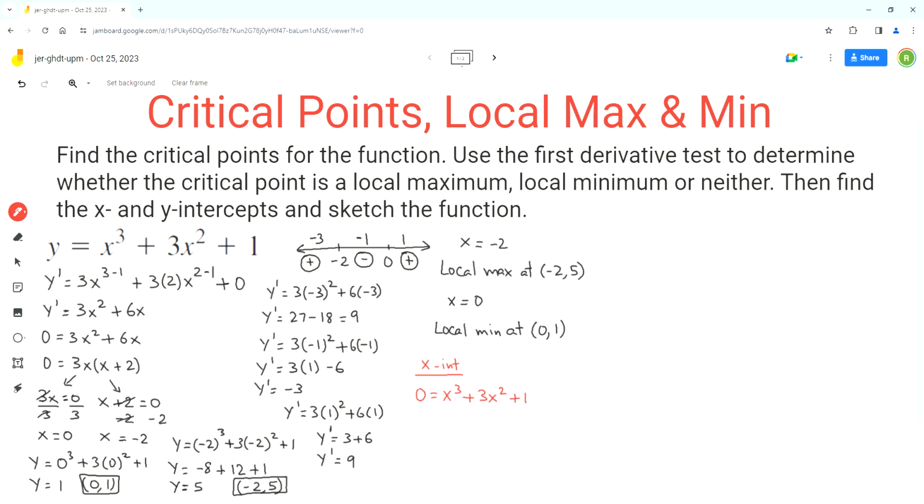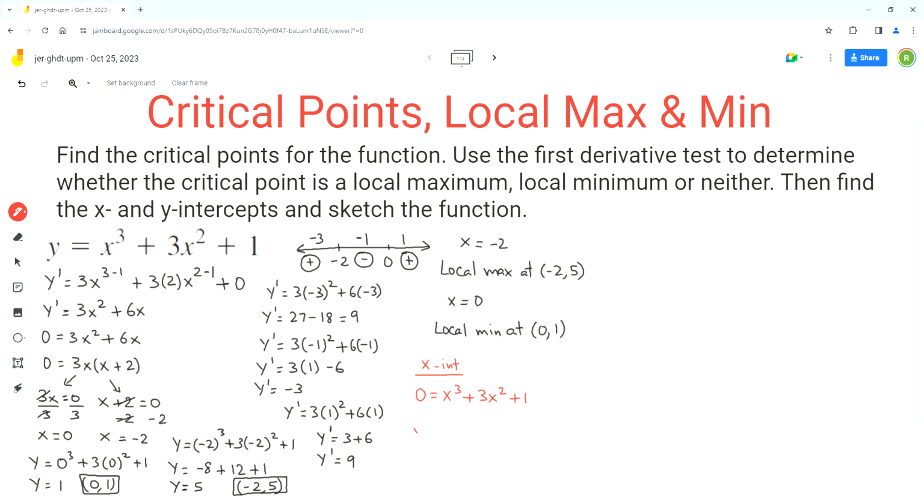Now this is a cubic equation and we cannot solve this equation using the factor theorem. So in this case, it would not be possible to identify the x-intercept for this function. So we will have to use a calculator to identify the x-intercept.